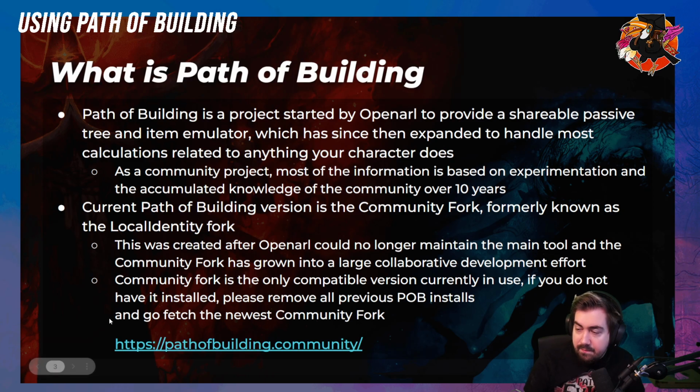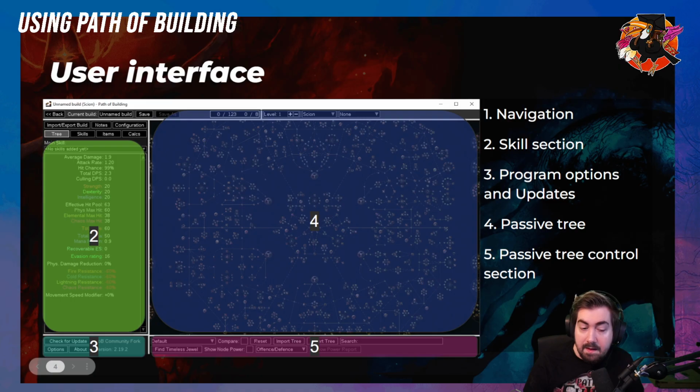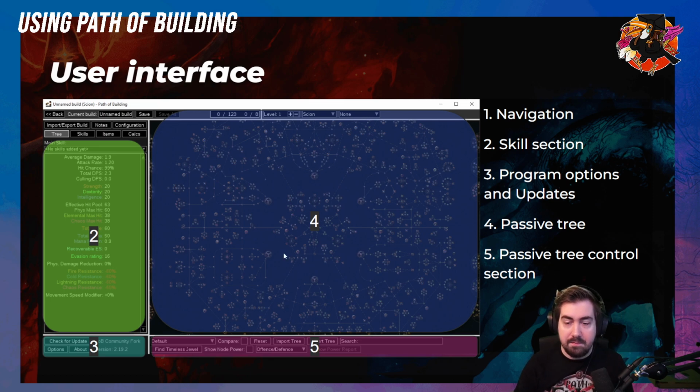And yeah, the community fork is the only one that is in use now. So it's pathofbuilding.community. Doing the in-game PoB for PoE too? Maybe. He's a great guy. Honestly, between Neversink and Path of Building, the game would be pretty unplayable without.